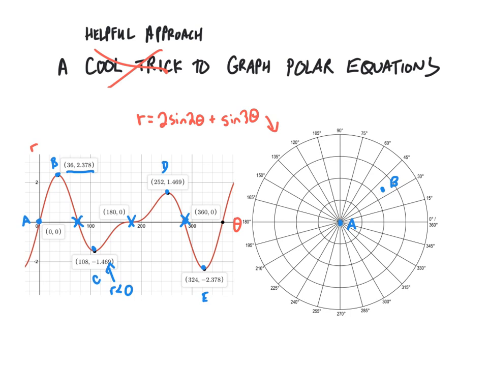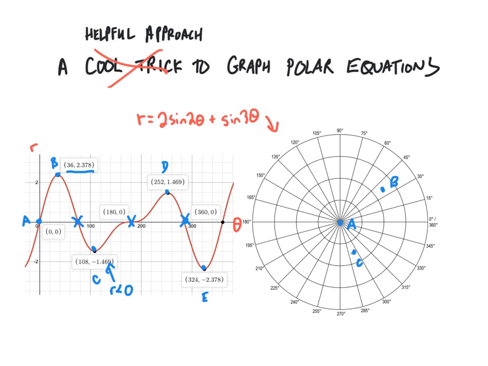So you don't want to plot it at 108 degrees measured from the positive x-axis. You want to do 108 degrees measured from the negative x-axis. So it would kind of look like this. If I went to -1.5, that would be about here on the negative x-axis, and then I'd have to trace out from there 108 degrees, which would put me right about here. So here's about where point C is.